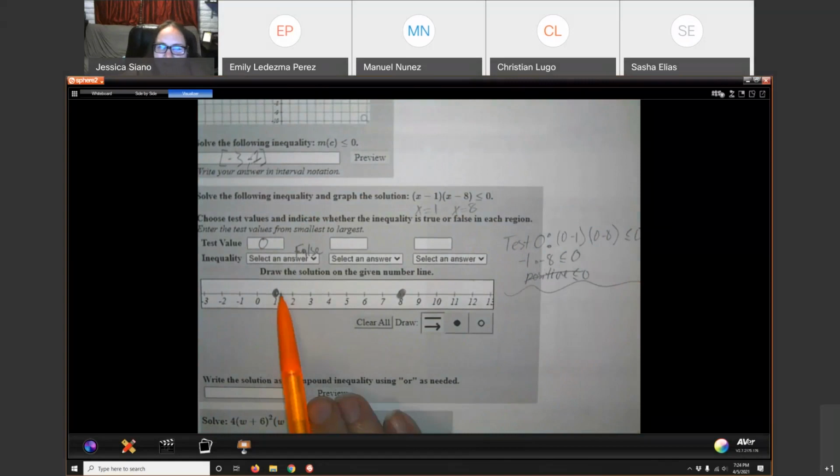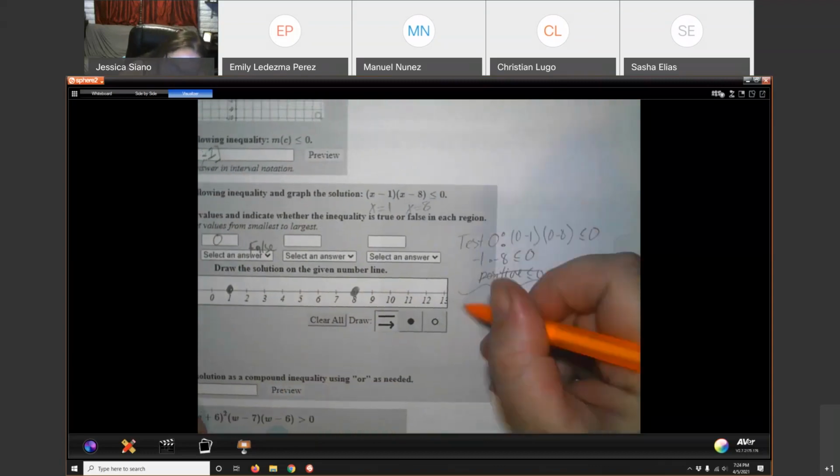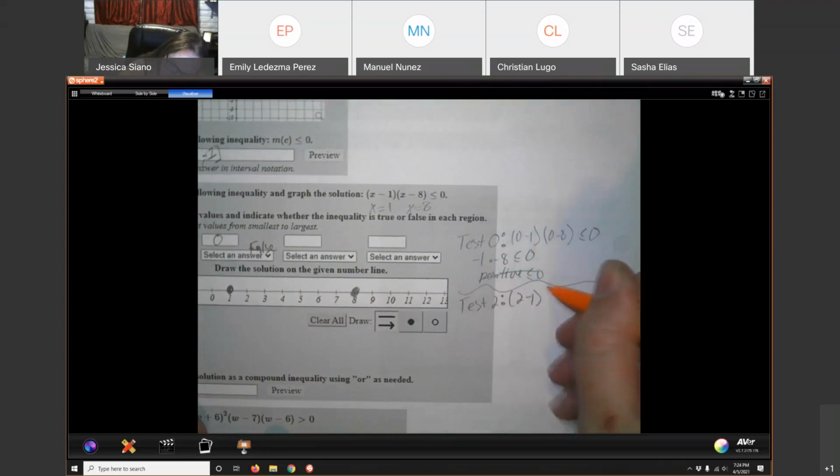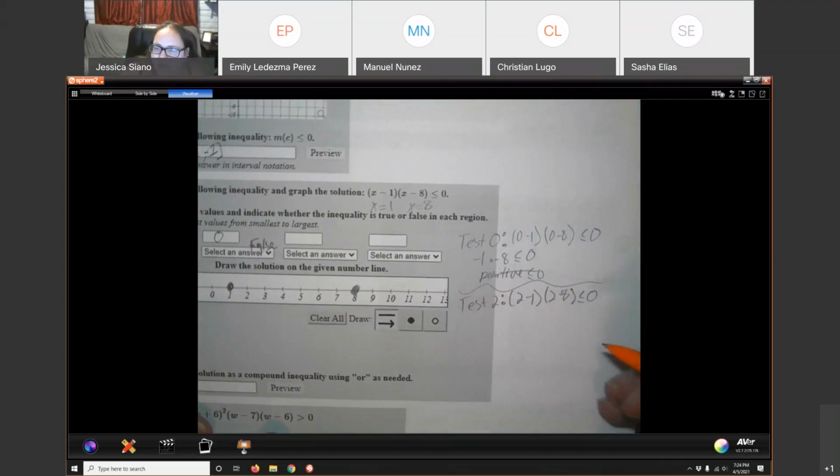Now I'm going to test a number in between 1 and 8. So I can do any number here in between 1 and 8. I could do pi if I really wanted to, but let's do 2 because that's probably going to be the easiest. And again, I'm looking to see whether or not I'm going to get something less than or equal to 0. So 2 minus 1 is 1. 2 minus 8 is -6.